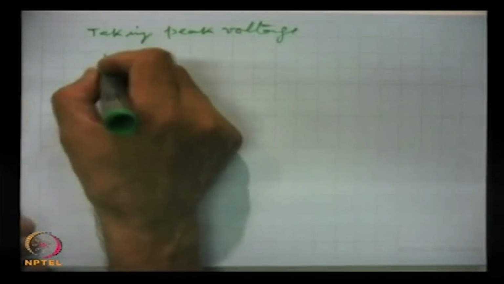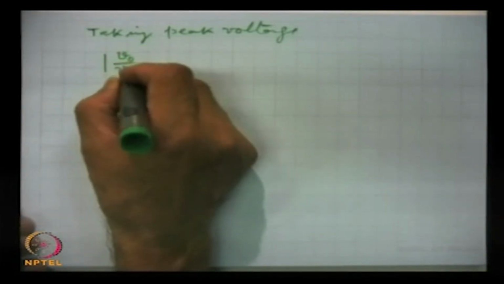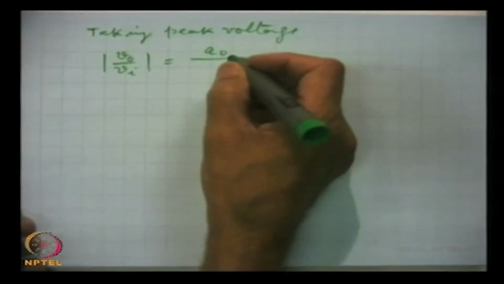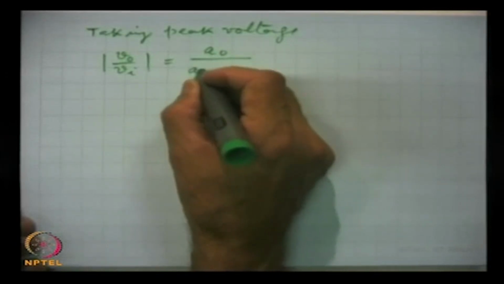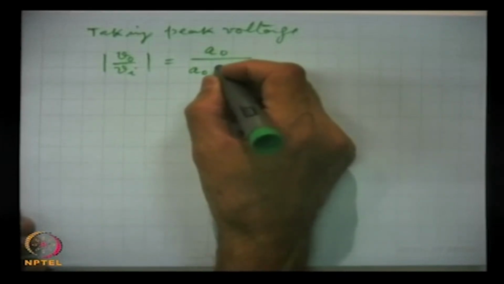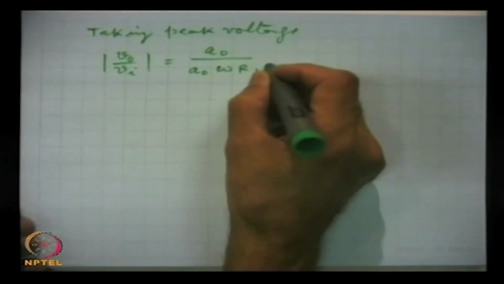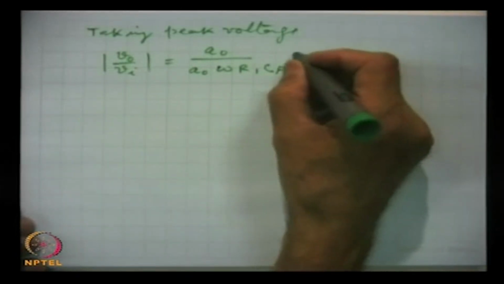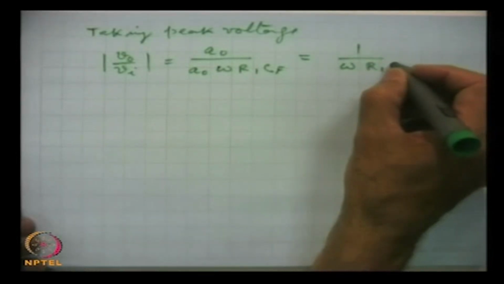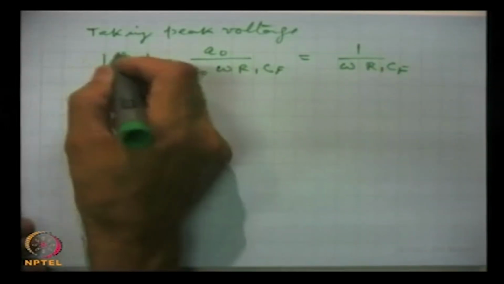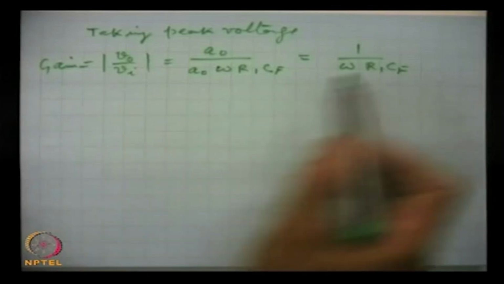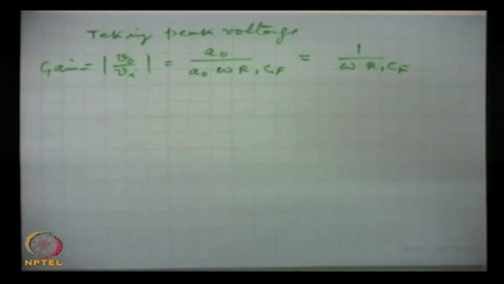The ratio, which is gain V0 by Vi, its magnitude is A0 by omega R1 Cf divided by A0, so it is equal to 1 by omega R1 Cf, and this is the gain of the integrator.